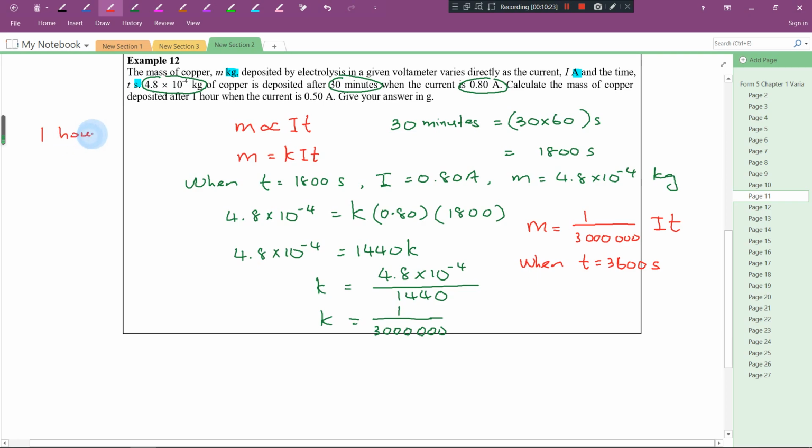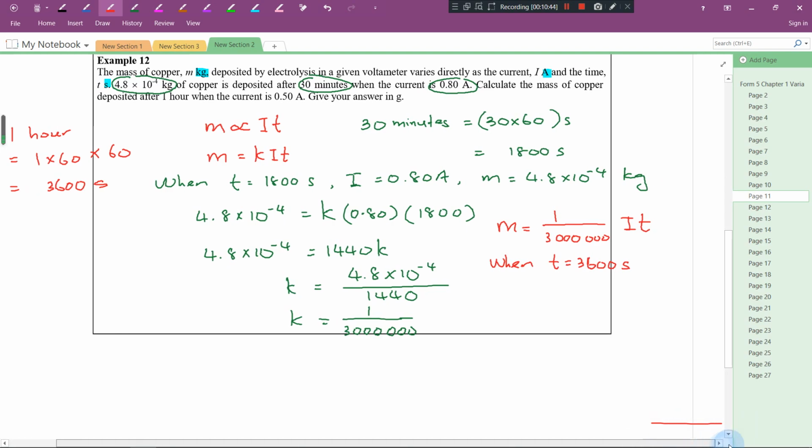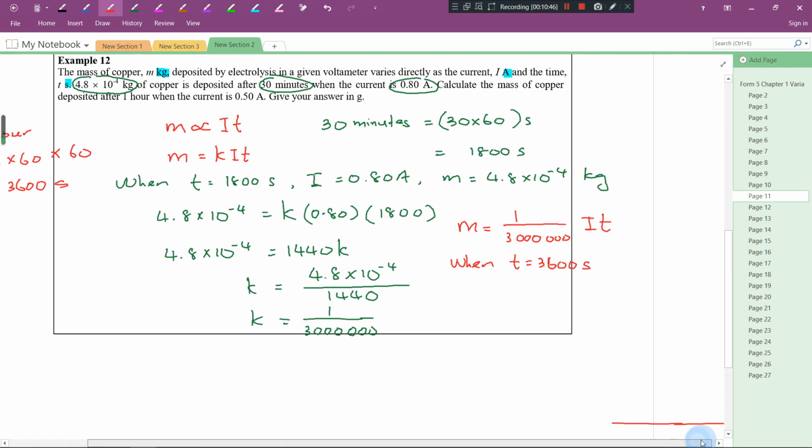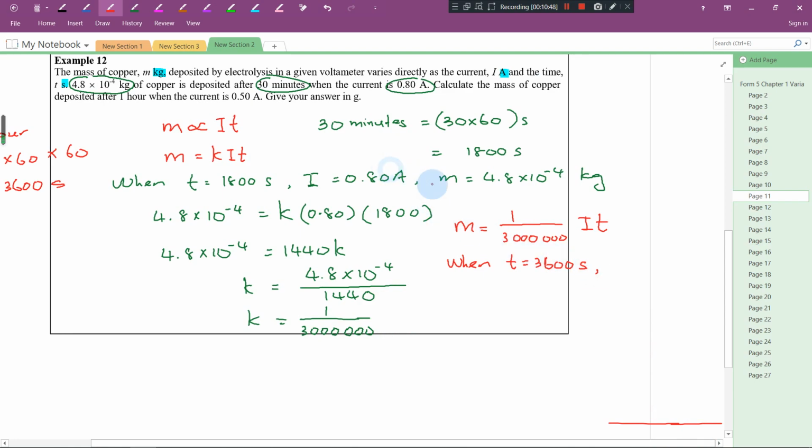Let me show you over here. 1 hour is equal to 1 times 60. When you times 60, it becomes minutes. If you want to convert further to second, you have to times another 60, which is equal to 3600 second. Okay, the t is equal to 3600 second, and the current is equal to 0.50 ampere.